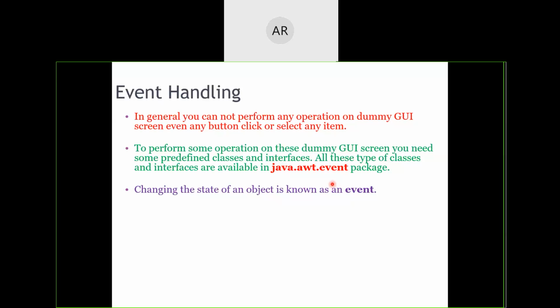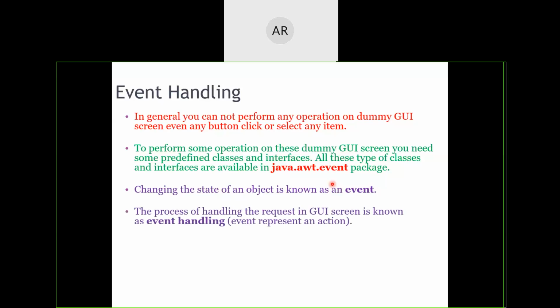That pressed state is the event that has occurred. So the process of handling the request in the graphical user screen is known as event handling. So what is event handling? The process of handling the request in the graphical screens as per the event that has occurred is called event handling.